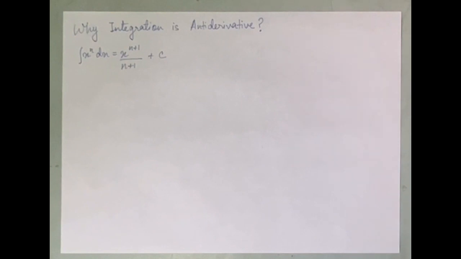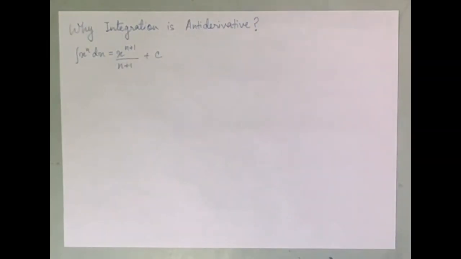Why is this generated? When we differentiate any function which has a constant added to it, the constant vanishes. We have seen this in the first video, that is, in the derivative video. So on integrating a function, we get a constant.